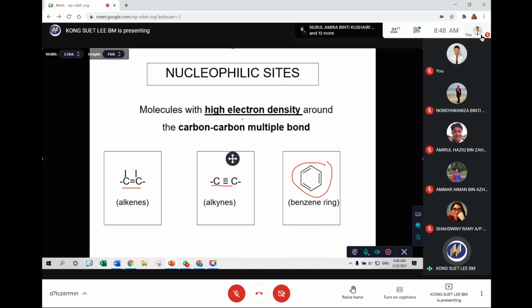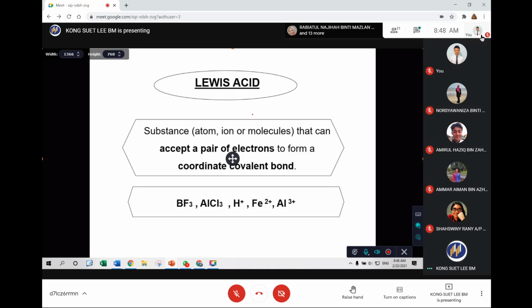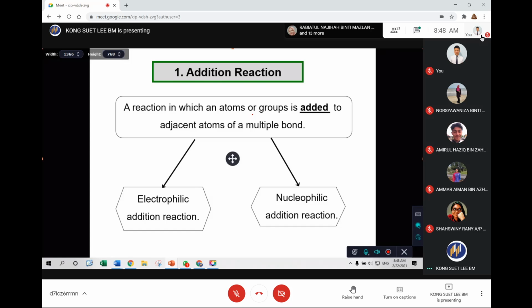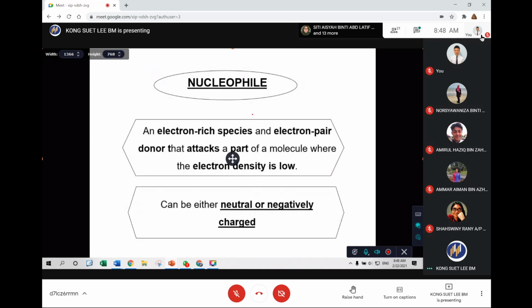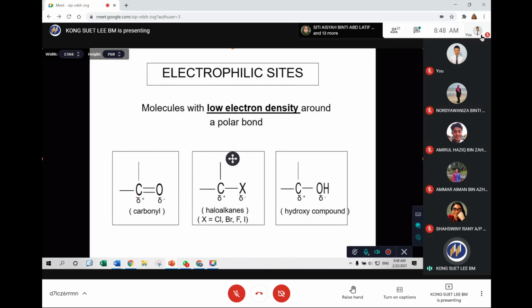So this is a high electron density area, so it's a nucleophilic site. Then for C double bond O, CX, COH, the carbon is partially positive, so this one is an electrophilic site. Since you know the sites already, we can know the type of substitution or addition.